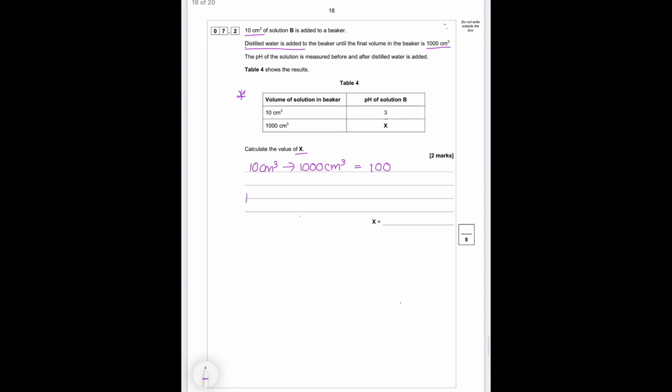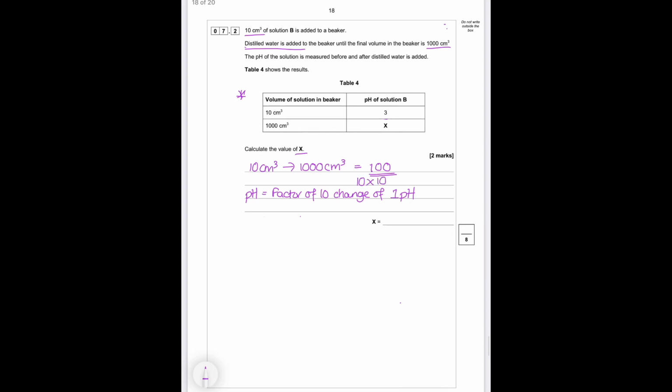Now, when it comes to pH, a factor of 10 causes a change of 1 pH on the pH scale. Now, because we've got a factor of 100, that is 10 times 10.